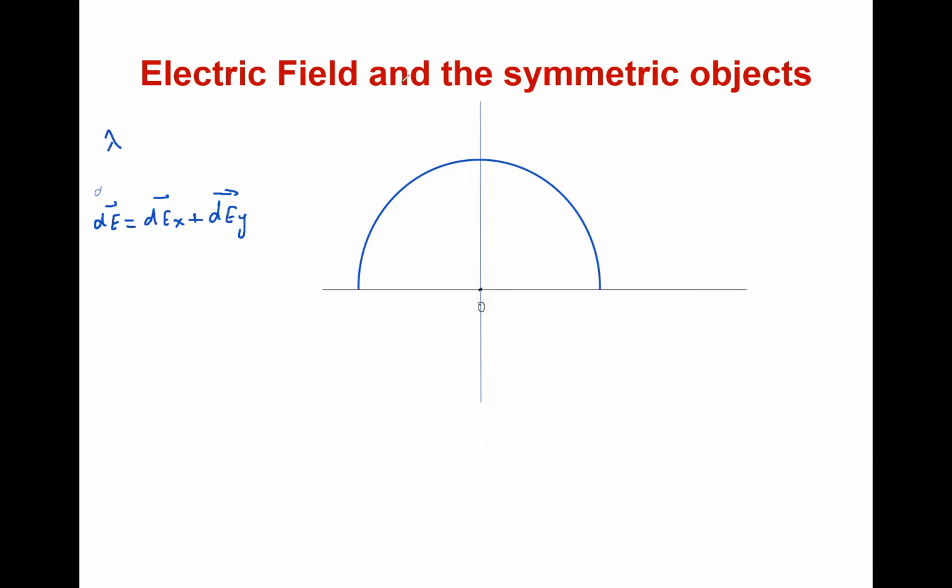What we have to do is take a small portion on this side and another one on this side. Let's say here it's black and here it's red. The red one will create at the point O a field like this. So the field at the point O must be like this.